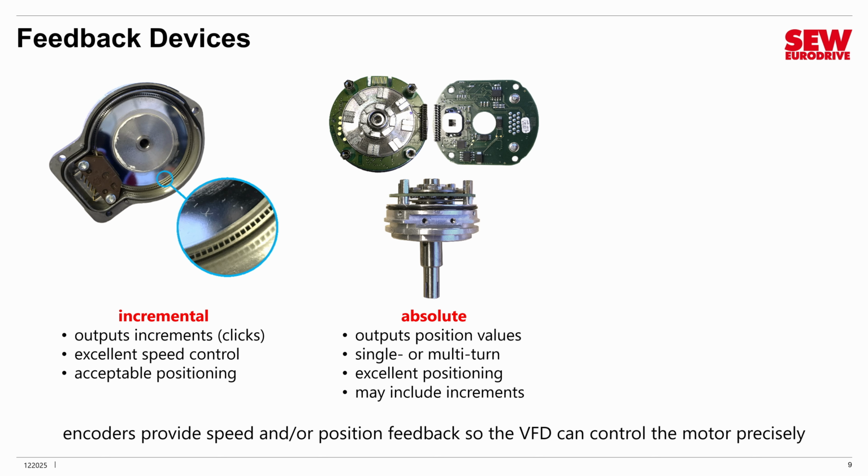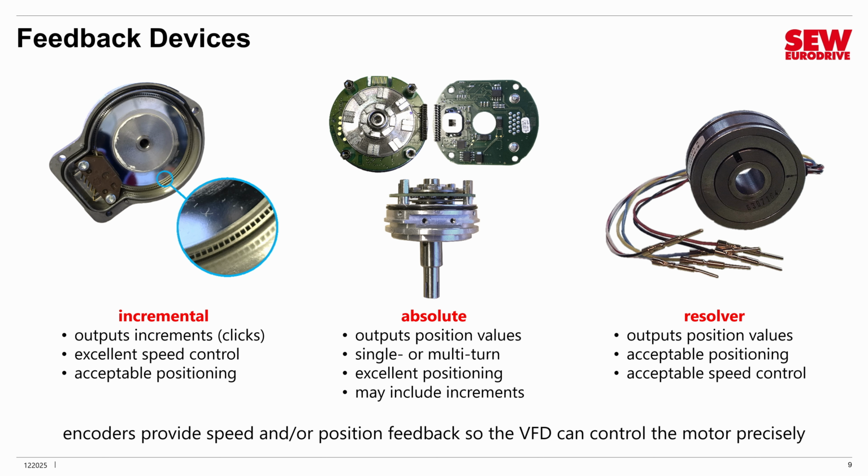But the picture here is actually a multi-turn encoder. It can keep track of multiple rotations and generate unique position numbers up to several million positions. As you can guess, absolute encoders are excellent for positioning. Many of them will also generate increments, so the VFD can use those for speed control. And then finally, we have the resolver.